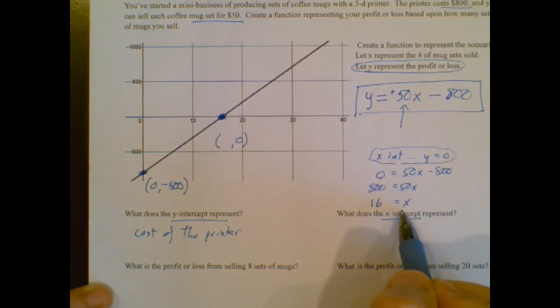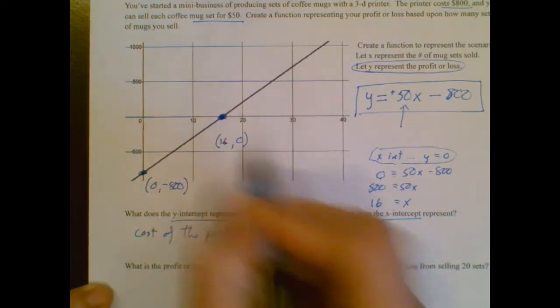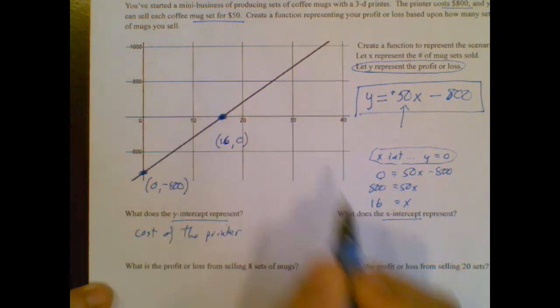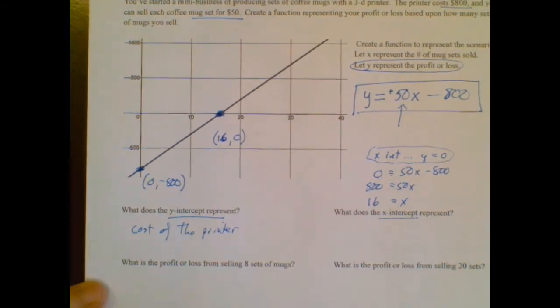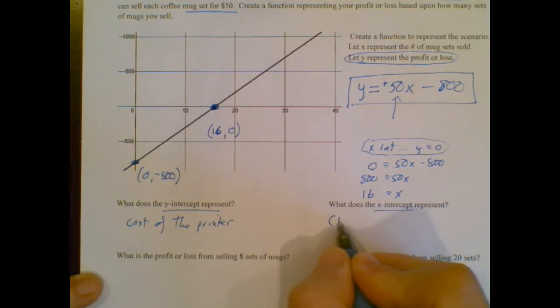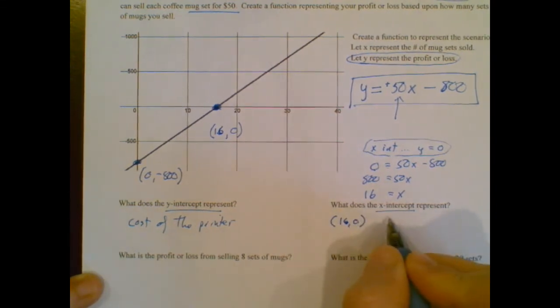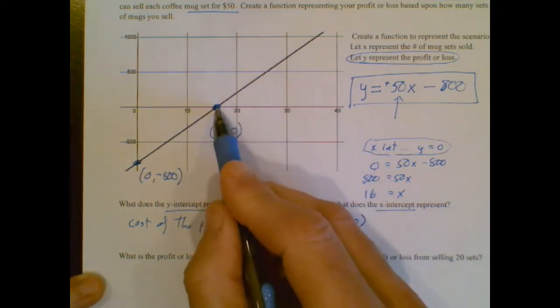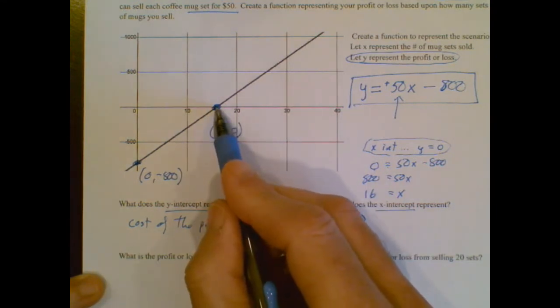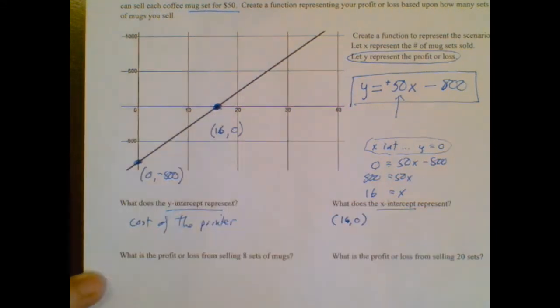And now I solve for x and I get x equals 16. Okay. So my x-intercept is (16, 0), and what this tells me is if I sell 16 mug sets, I have a profit of 0.